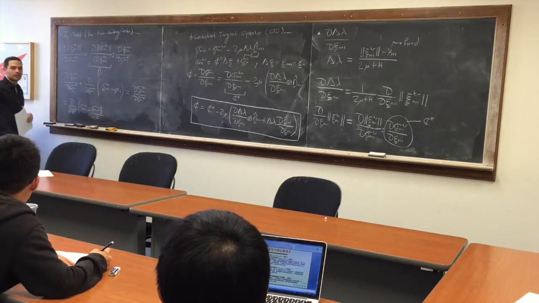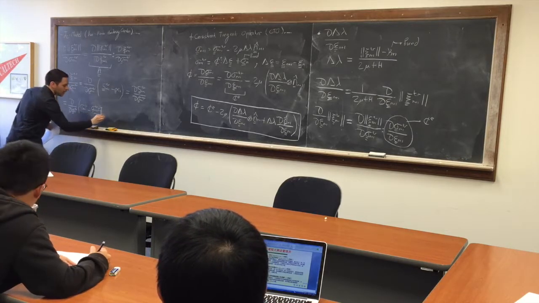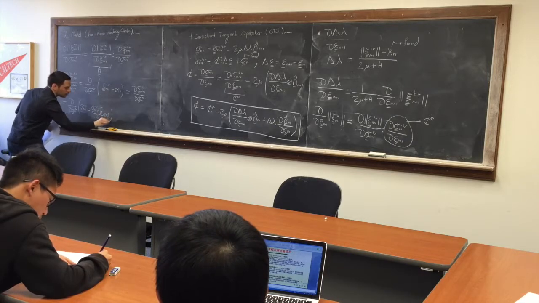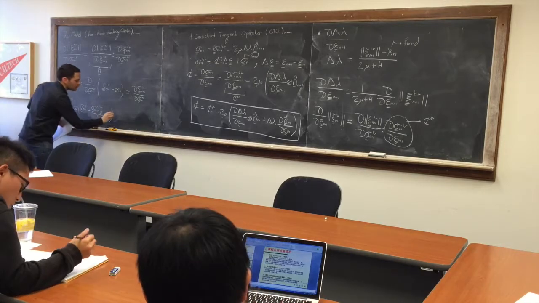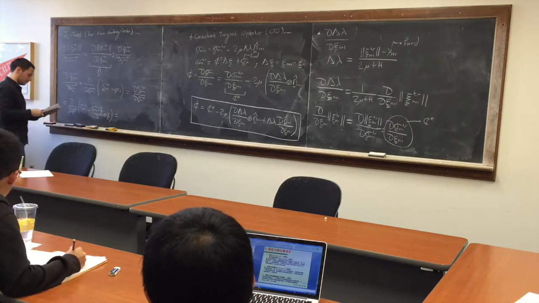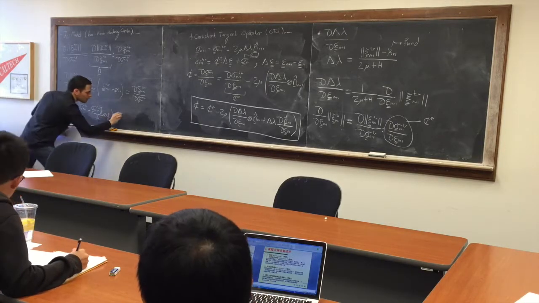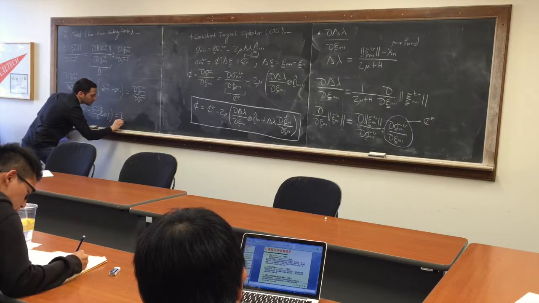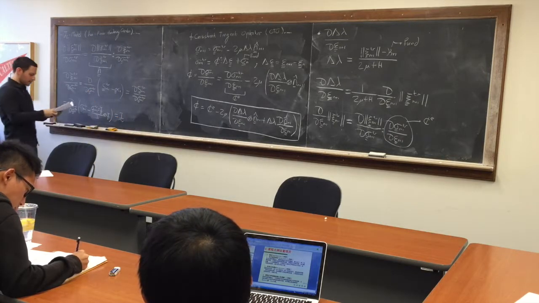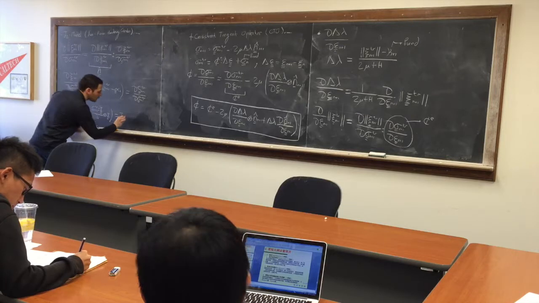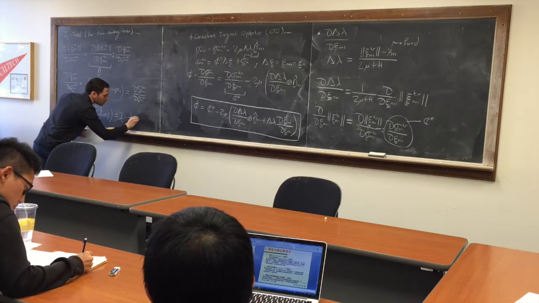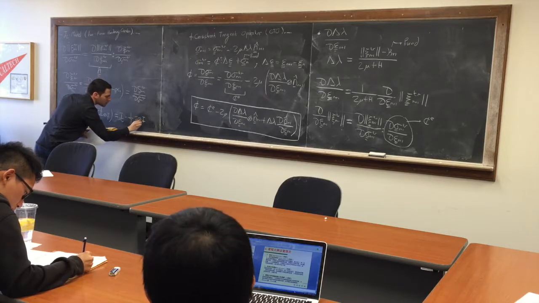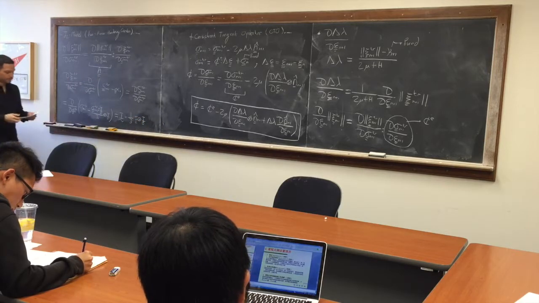This is the trace, this is P, times the identity. And this gives us the fourth-order symmetric identity minus 1/3 second order identity times second order identity.